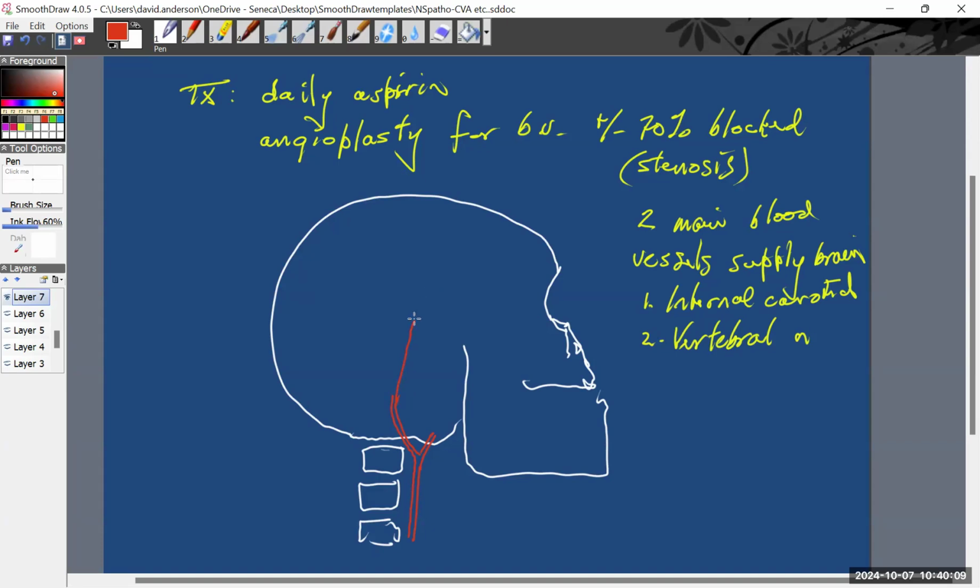Primarily, it then branches off to supply a major branch to the front part of the cerebrum. This one is known as the anterior cerebral artery.